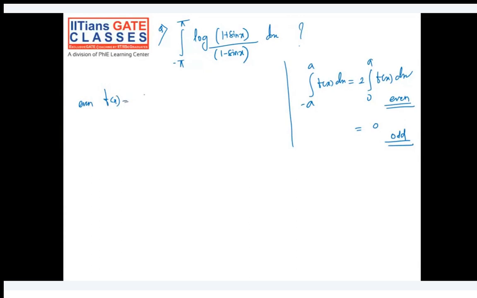Okay, let's check it once just to confirm. What is f of minus x? You know f of x is log of 1 plus sine of x divided by 1 minus sine of x. Okay, this is your f of x.